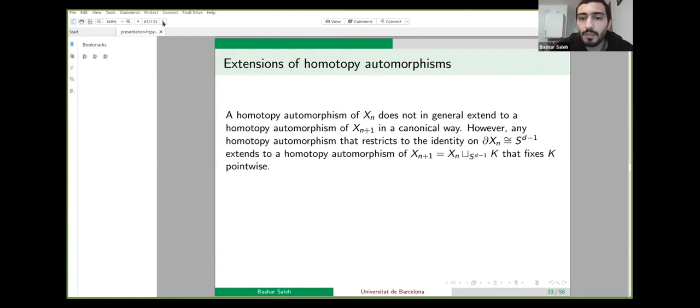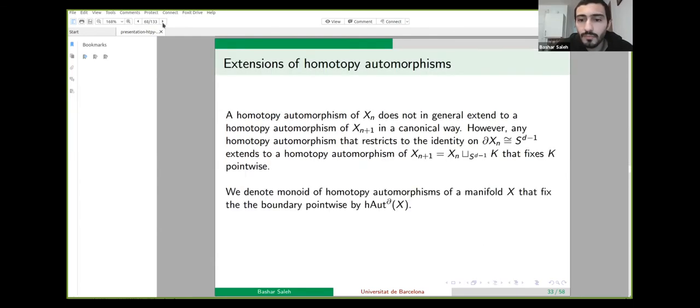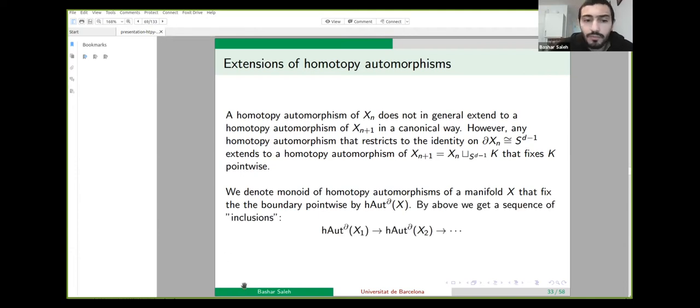So we get stabilization maps. We denote the monoid of homotopy automorphisms of a manifold that fix the boundary pointwise by the following, with a curly D as an upper index. By the above, we get a sequence of stabilization maps: a map here extends to a map here, and so on.